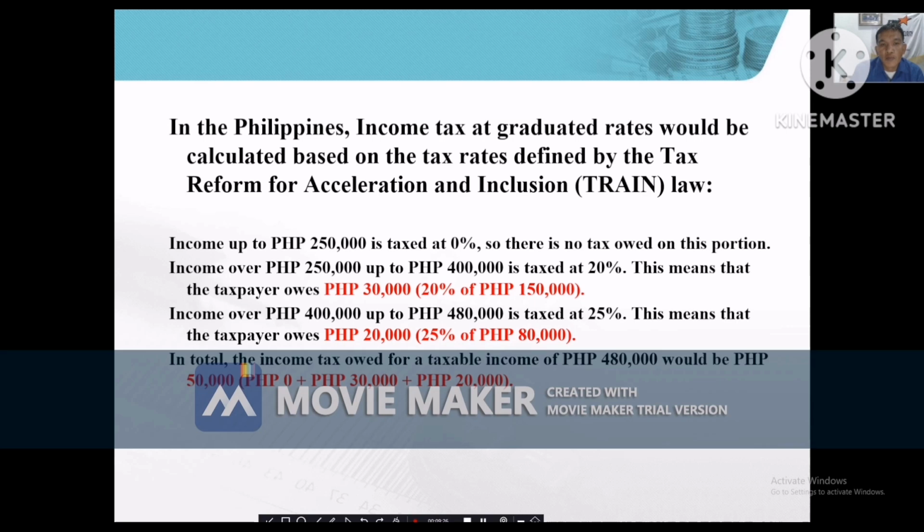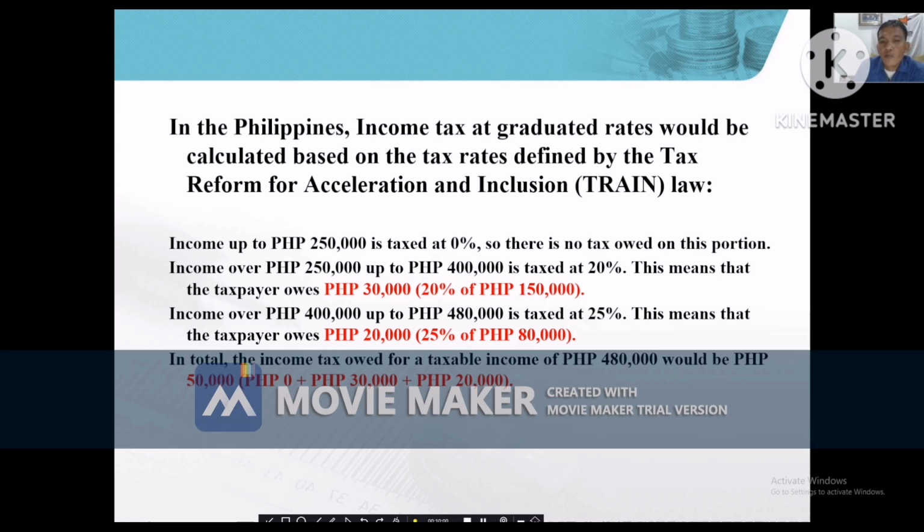So, may natitira pa tayo na 80,000. Okay? So, income over 400,000 up to 480,000 is taxed at 25%. So, kanina, 250,000 plus 150,000 is 400,000. Okay, so may natitira pang 80,000. Ito ngayon is itinatax ng TRAIN law at 25%. So, 25% of 80,000 is 20,000.